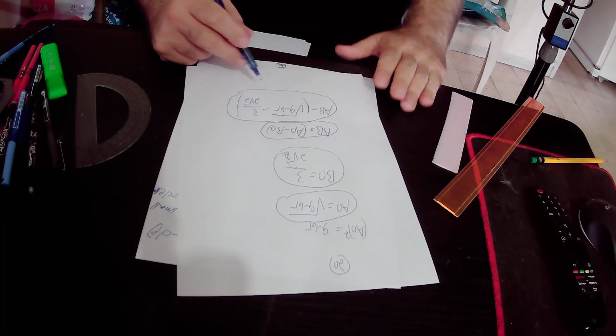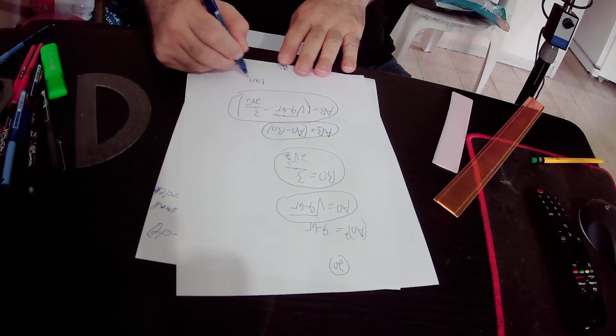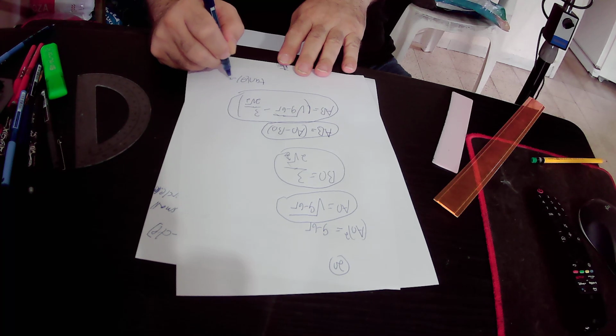We know the value of AB, and we have already found that tangent theta equals 1 over root 2.